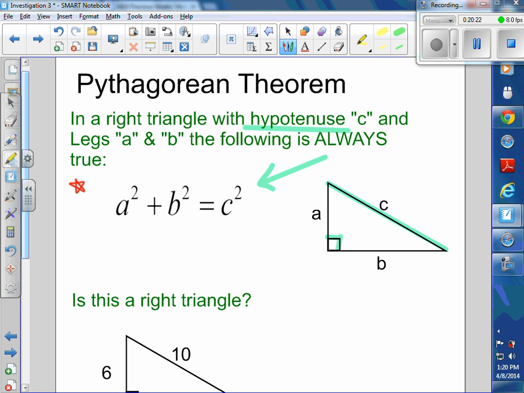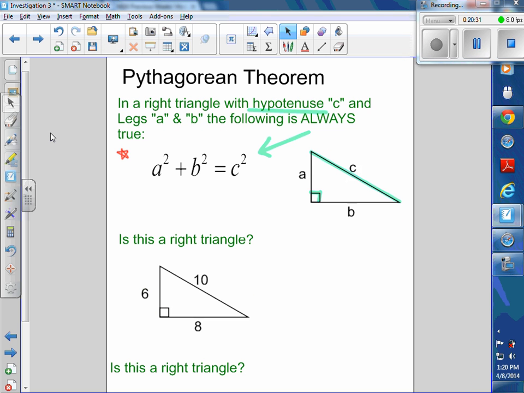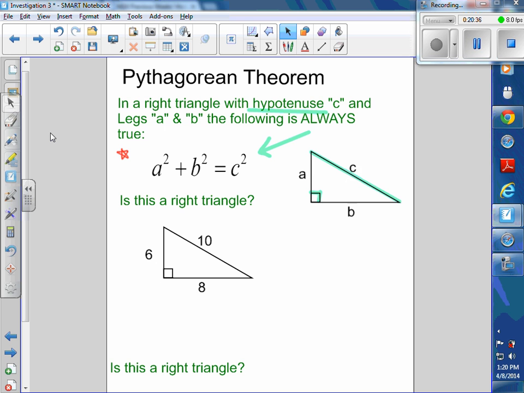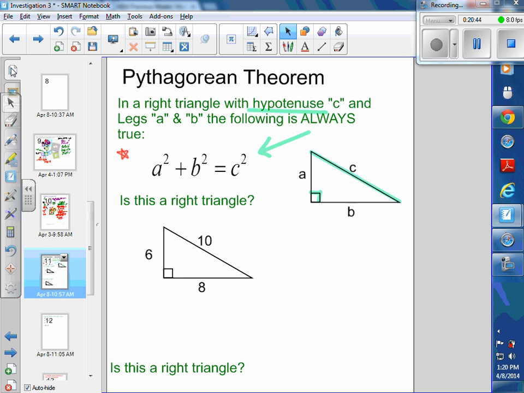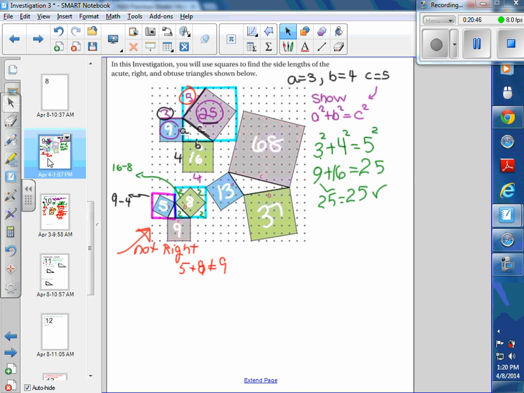We're going to talk about how to use that. I'm going to shrink this down a little bit. If you had a triangle like this, you should be able to answer yes or no and show me why with the algebra and with the geometry. If it were on dot paper, you would find the area of the squares to see if they add together to give the big square.